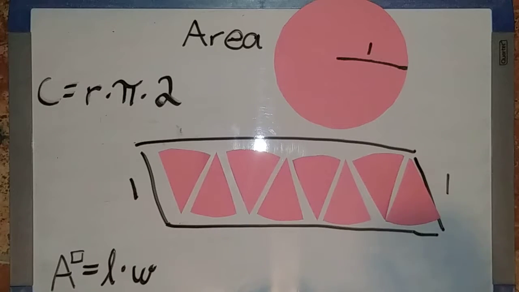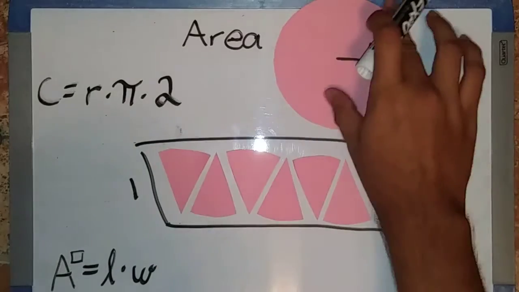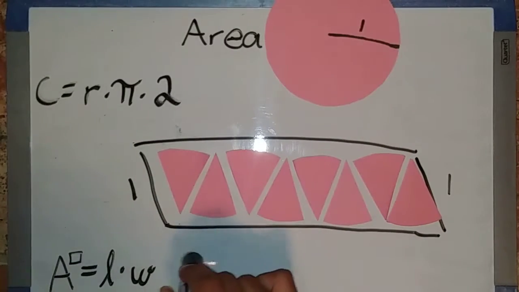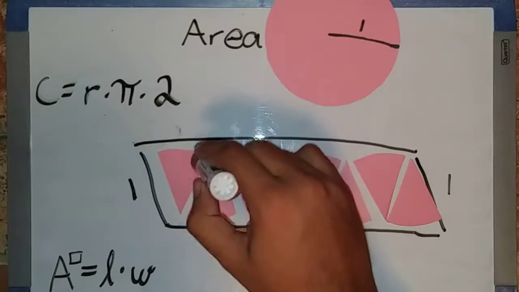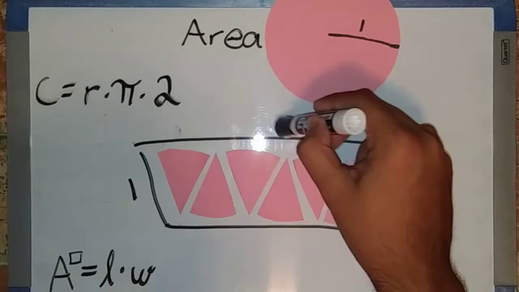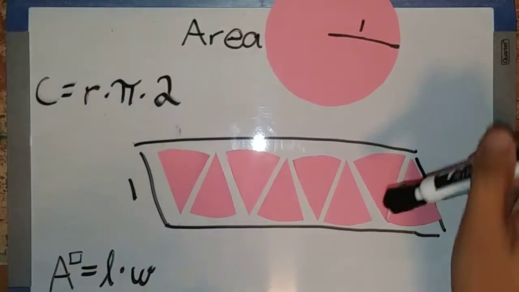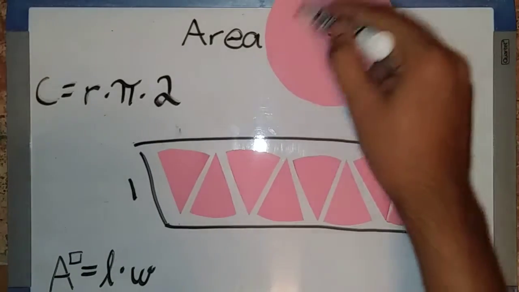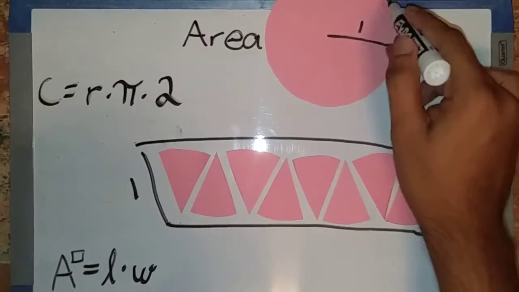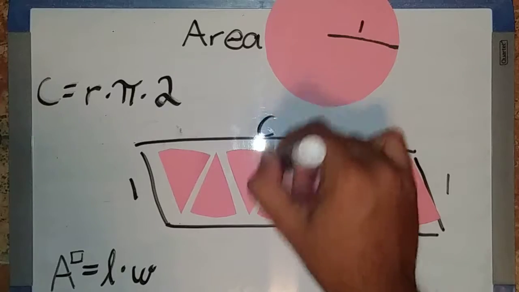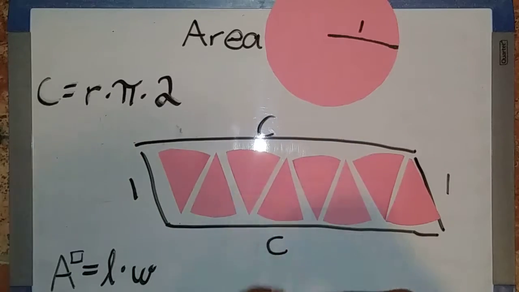Now, here's a part that can confuse a few students. This side of the rectangle comes from the circumference of the circle. So let's just draw here and here.